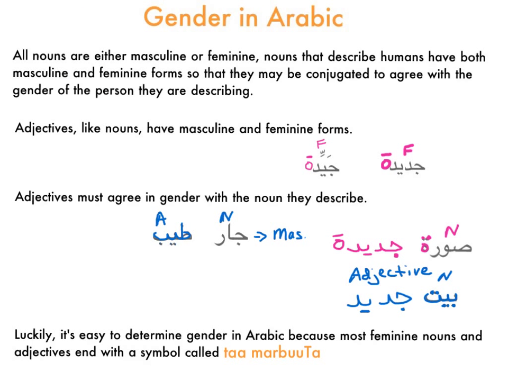Luckily, it is easy to determine gender in Arabic because most feminine nouns and adjectives end with a symbol called, as we explained earlier, ta marbuta.